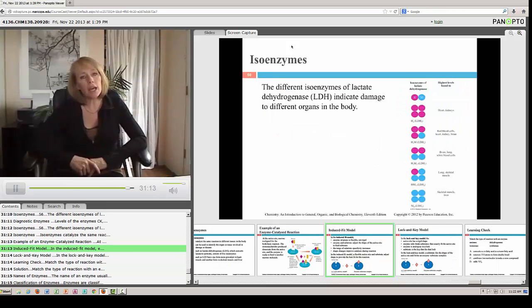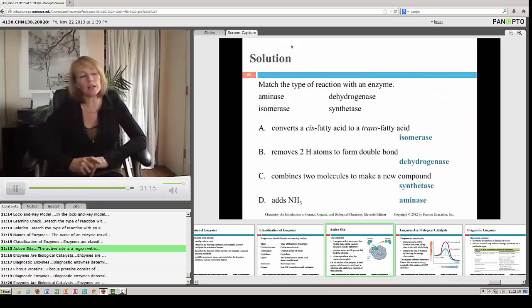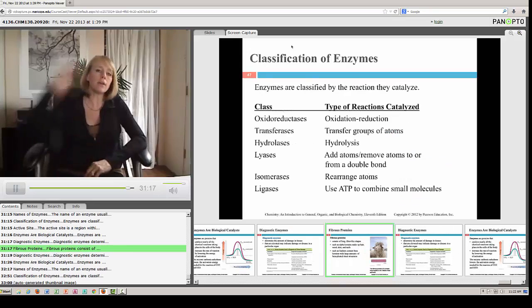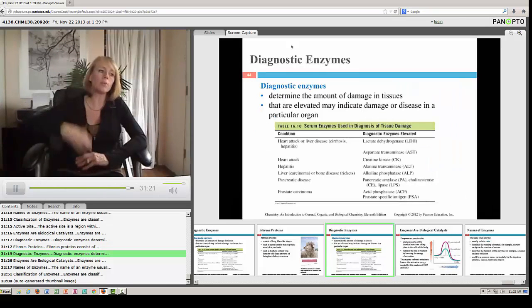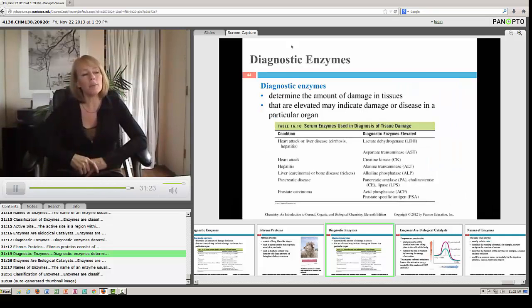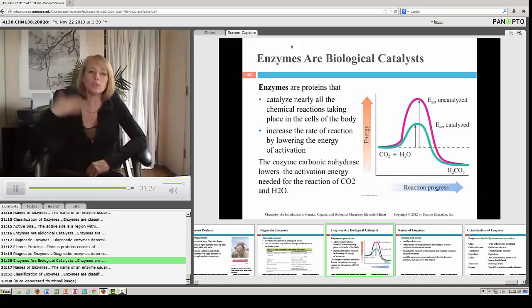The beauty of an enzyme, because it's a catalyst, is that it causes the activation energy to be lower, but it also regenerates itself after the reaction is over so that we can use those enzymes or catalysts over and over and over again.